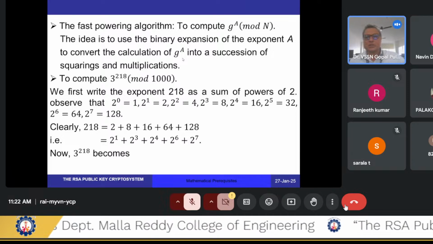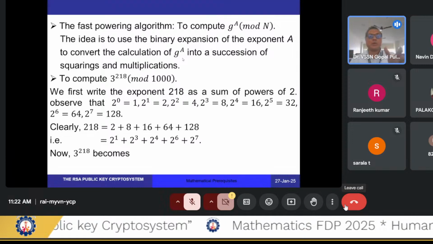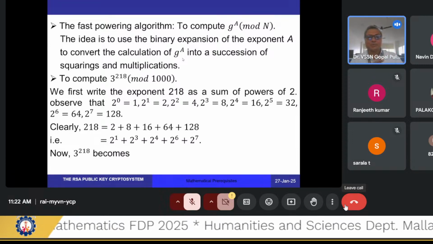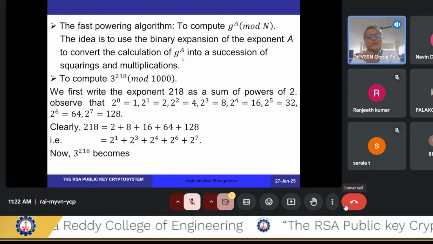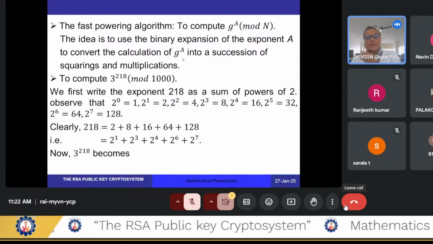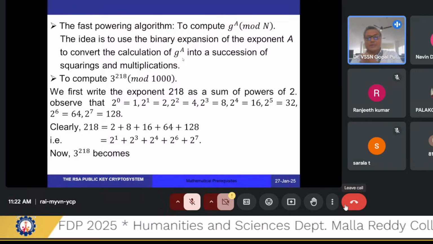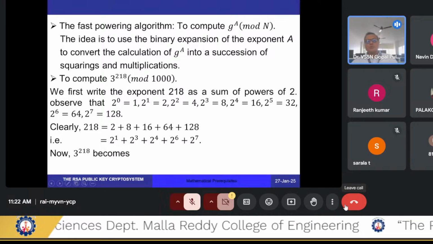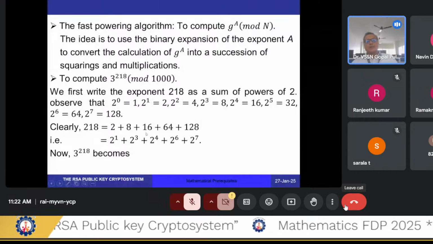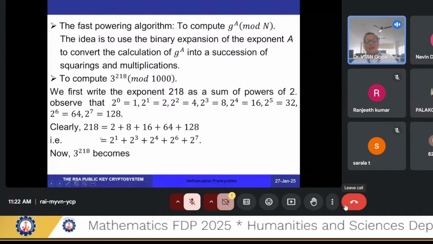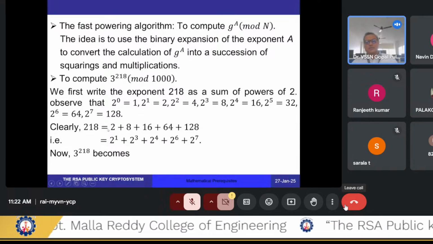Working mod 1000 means the elements in that set will be from 0, 1, 2 and so on up to 999. Initially, to get this value, we first write the exponent 218 as the sum of powers of 2: 2 power 1, 2 cube, 2 power 4, 2 power 6 as well as 2 power 7.